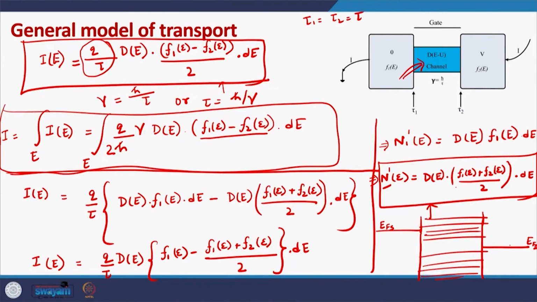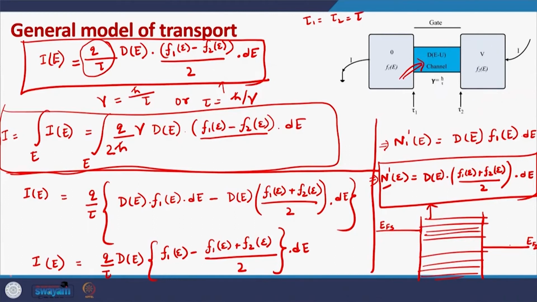However, that is not significant for the electronic population. This difference in the Fermi function is not important for the electronic population. For electronic population, the average of the two Fermi functions is more important. So, that's an interesting observation, and an important point to keep in mind, which is also intuitively expected.